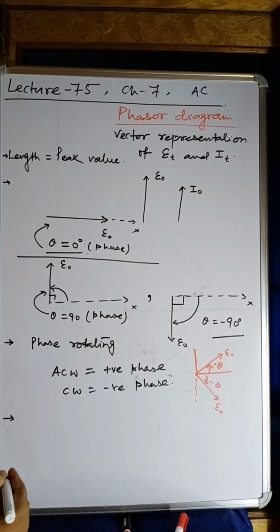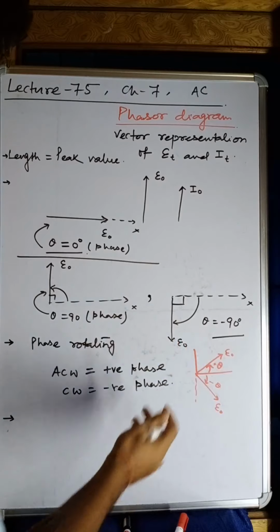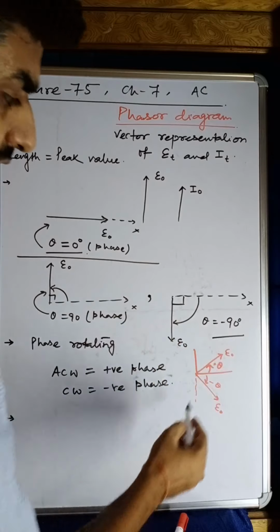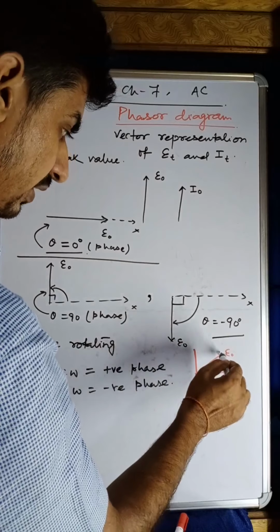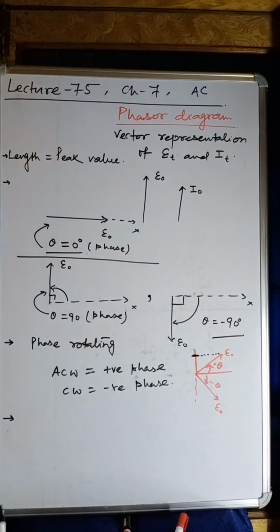Now the next point: the vertical component. Suppose we have rotated this phasor by this value, then it has a component over the vertical axis, that is the y-axis, and this vertical axis gives some quantity. My dear students, its length E naught is not going to change; the peak value doesn't change.